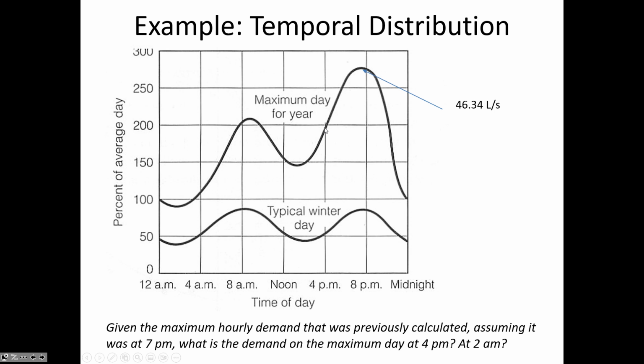And so Q, the flow rate at 4 p.m., would be this anchoring point of 46.34 liters per second multiplied by the ratio of the flow rates, 195% divided by 275%. So we're just linearizing.